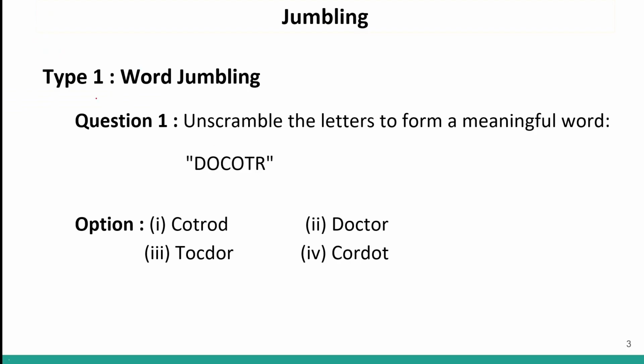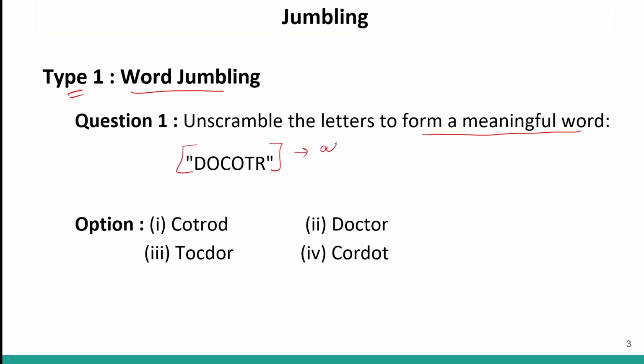So let us start. Type 1 is word jumbling. Word jumbling means that a word is given to us in a scrambled form, and we have to unscramble it to form a meaningful word. These are the letters given to us.